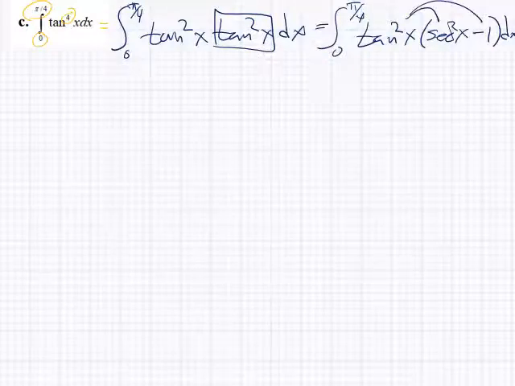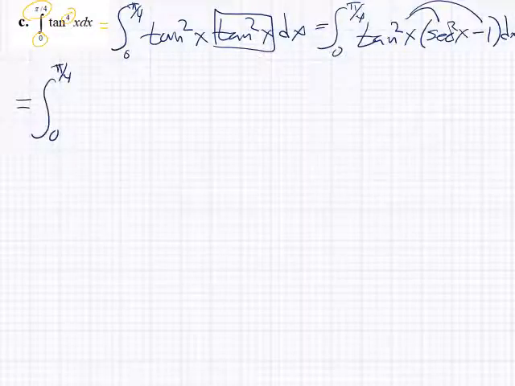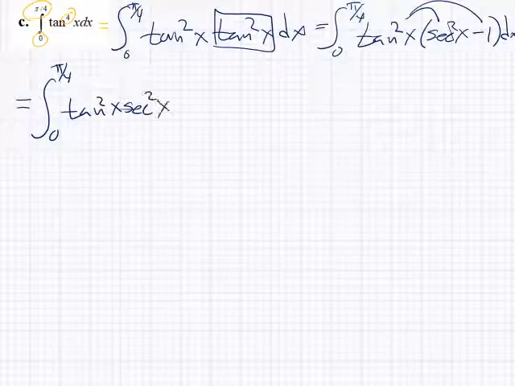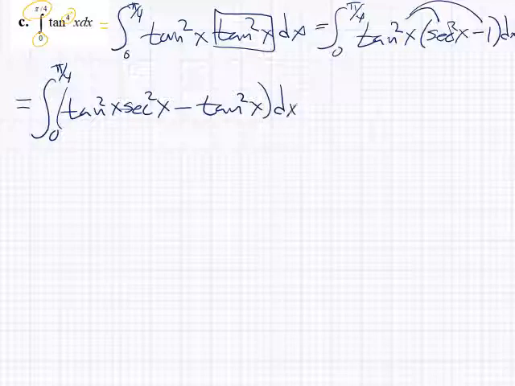Now, in doing so, I end up with the integral from 0 to pi fourths of tan squared x times secant squared x minus tan squared x dx. Now, this piece is set up perfectly. If u is tangent, du is secant squared. So I got a u squared du.